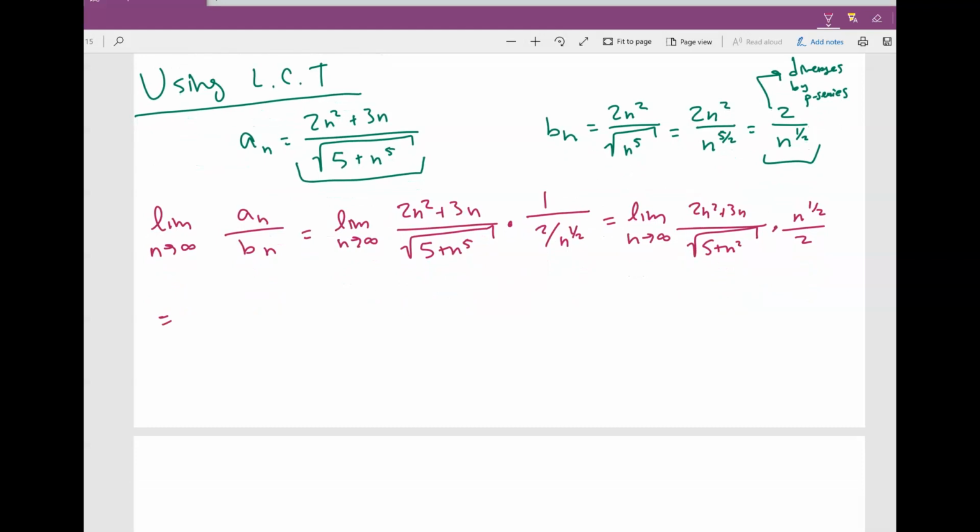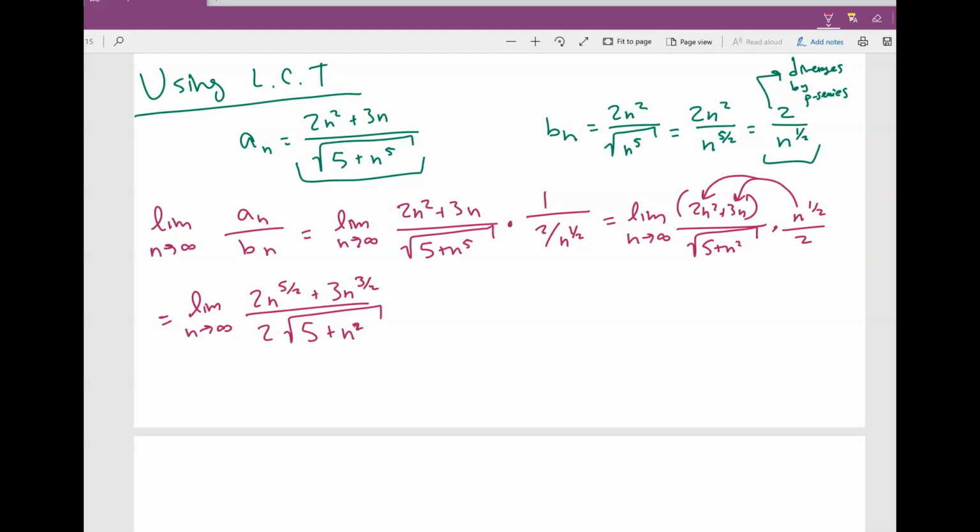So this is going to give me the limit as n goes to infinity. On the bottom part, I'm just going to put the 2 on the outside, and the square root of 5 plus n to the 5th. I'm going to distribute this n to the 1/2 to both of these terms, and what I'm going to be left with is 2n to the 5/2 plus 3n to the 3/2.